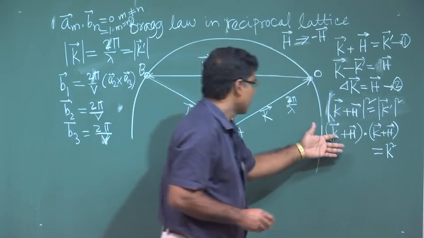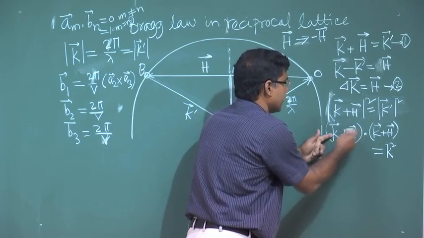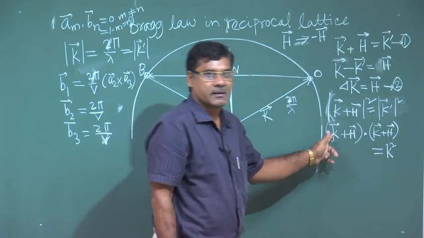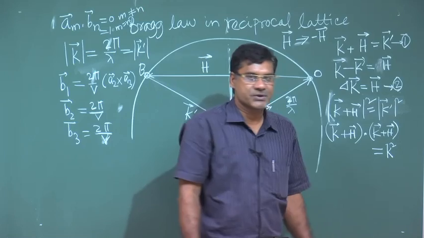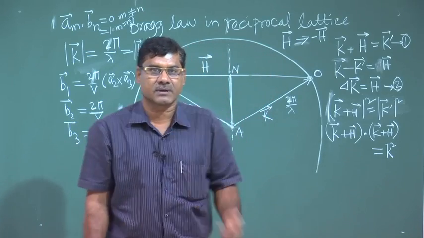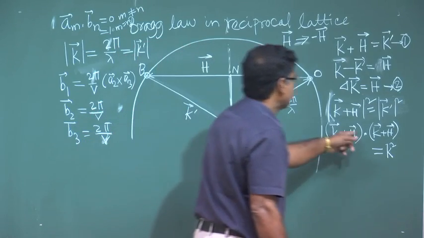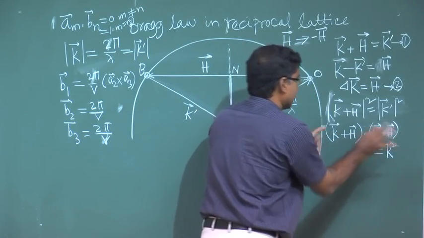So from the dot product you will get K square plus 2 K dot H, or H dot K, these both are the same, and H square. So K square will go.